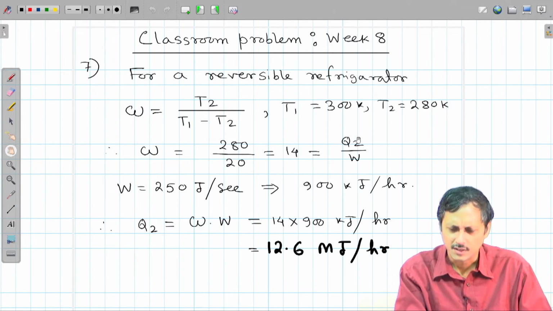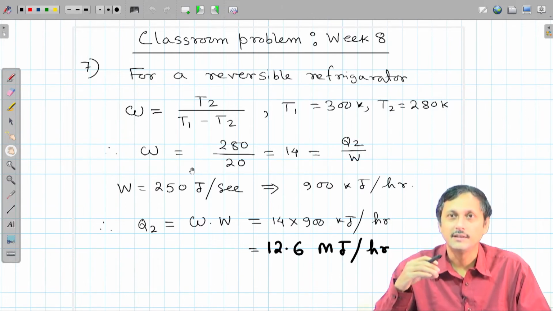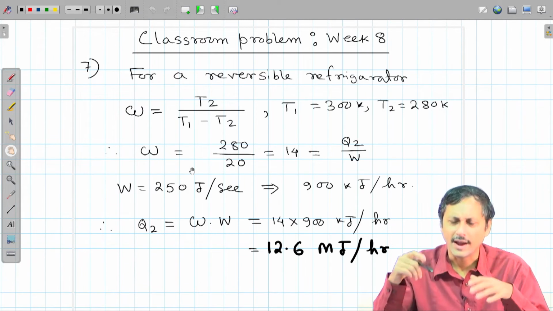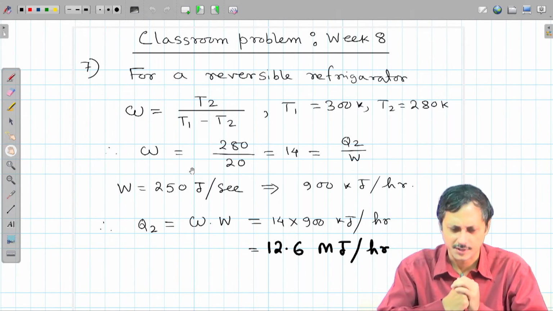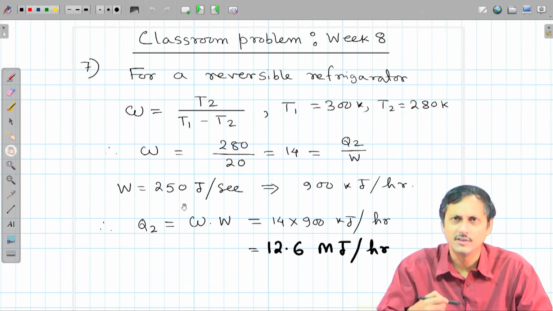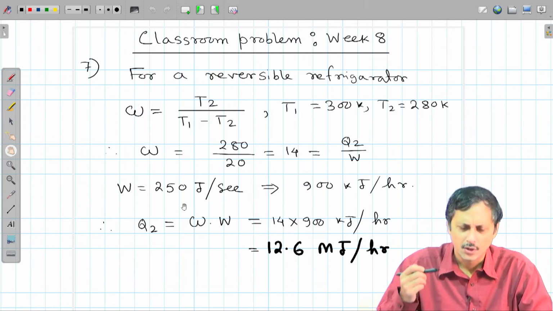So, omega is Q2 by W, the heat that is absorbed from the cold reservoir or cold object, and the work done on the refrigerator. Now, W is given as 250 watts, which once again is 250 joules per second.